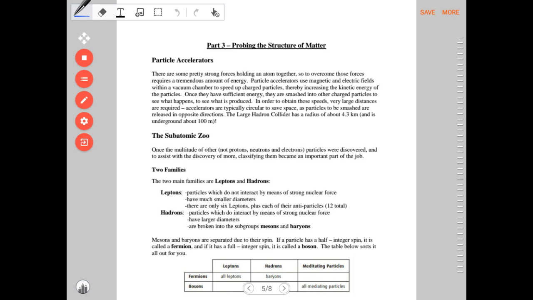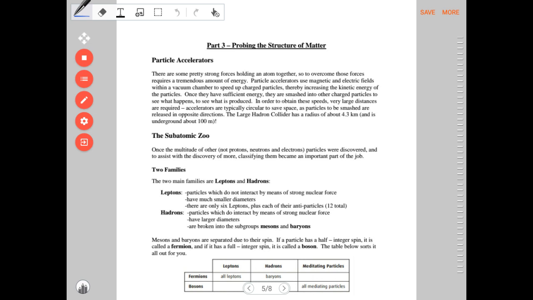Particle accelerators. There are some pretty strong forces holding an atom together, so to overcome these forces requires a tremendous amount of energy. Particle accelerators use magnetic and electric fields within a vacuum chamber to speed up charged particles, thereby increasing the kinetic energy of these particles. Typical speeds are a tenth the speed of light.